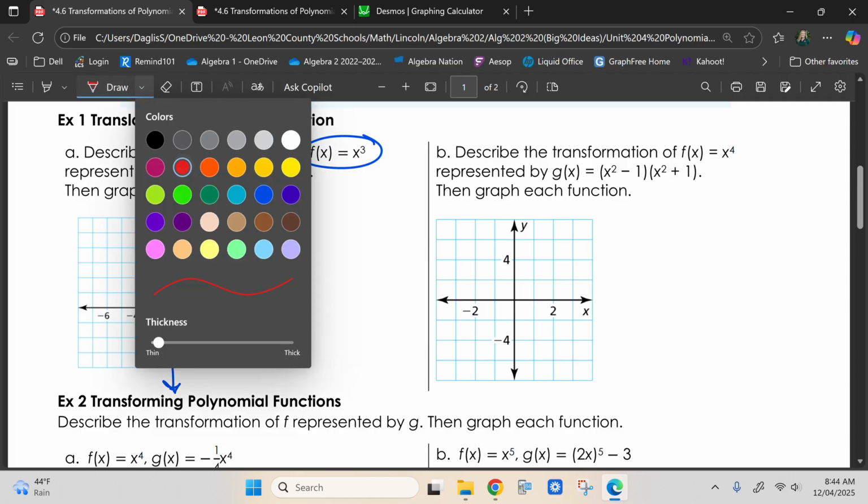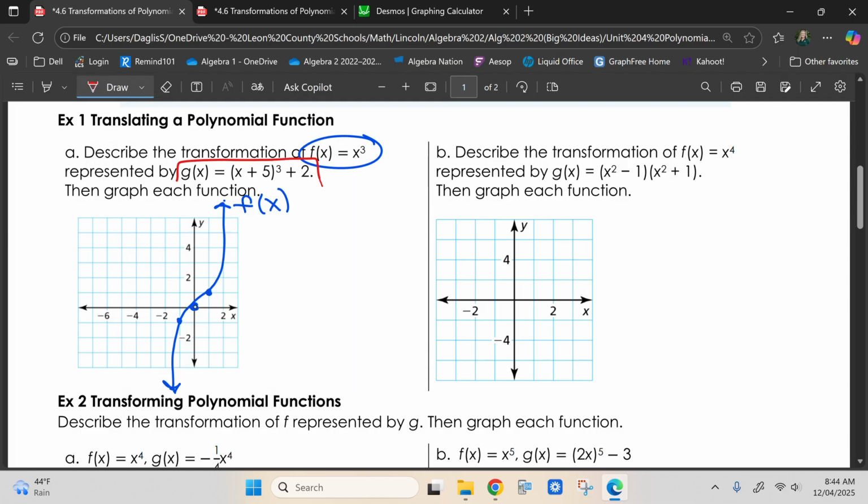From here, something happened. The transformation is represented by g of x equals x plus 5 to the power of 3 plus 2. How many transformations happened? 2 of them. I see an x plus 5 in parentheses, and I see a plus 2 on the outside.